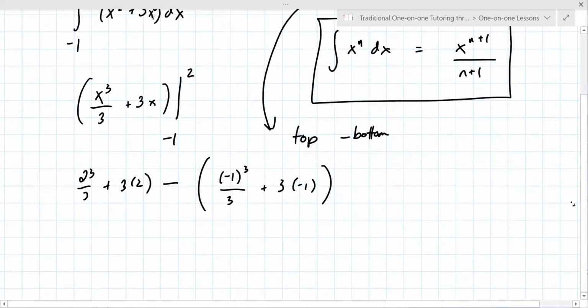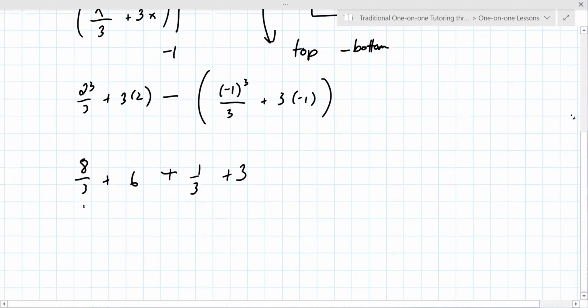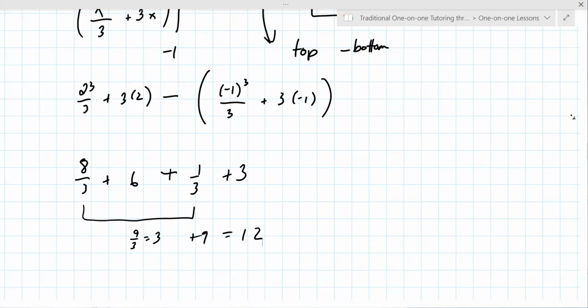So then that's 8/3 plus 6 minus, this is -1/3, so it becomes plus 1/3, and then this one is -3, so minus and then 3 plus 3. So you have 9/3 here plus 9, which is 3 plus 9, so you get 12.